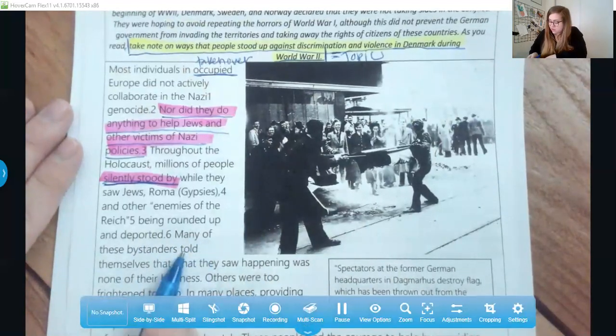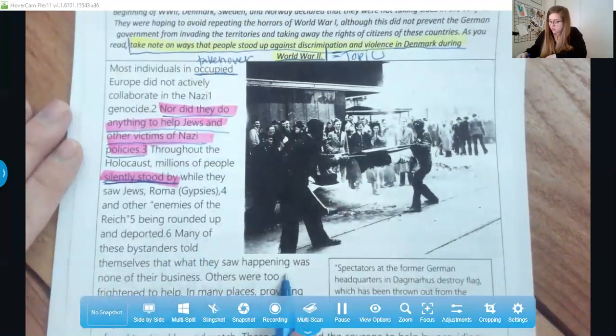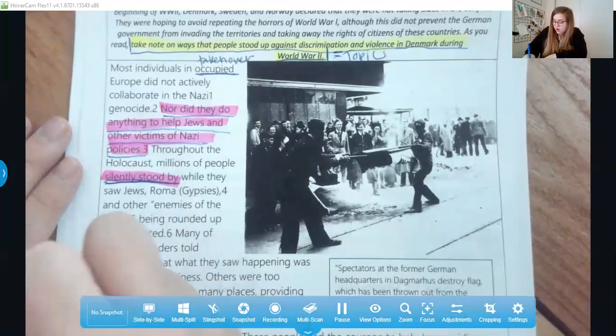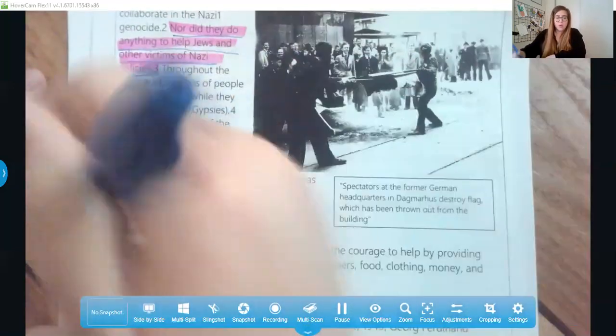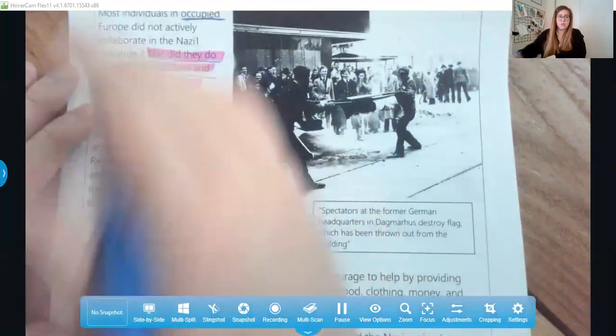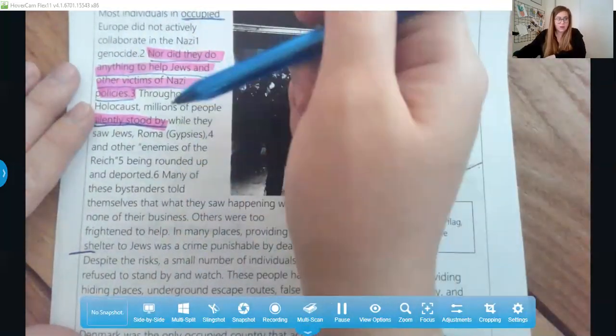Many of these bystanders told themselves that what they saw happening was none of their business. Others were too frightened to help. In many places, providing shelter to Jews was a crime punishable by death. I'm going to pause right here. Normally I read the whole paragraph, but I'm actually going to stop because there's two important ideas in this section and I want to highlight both.